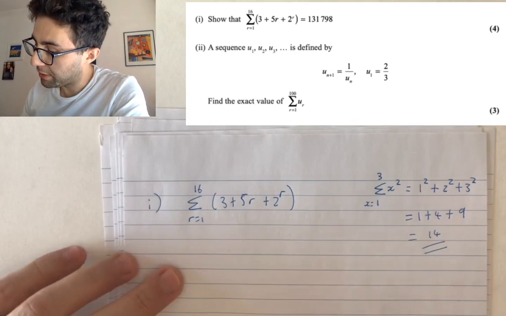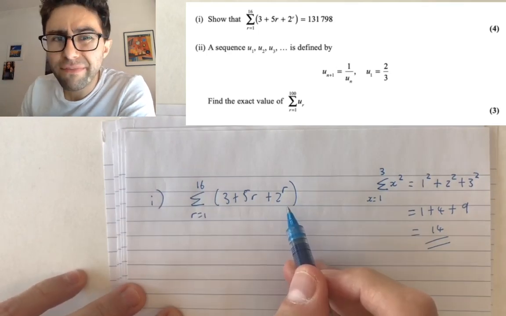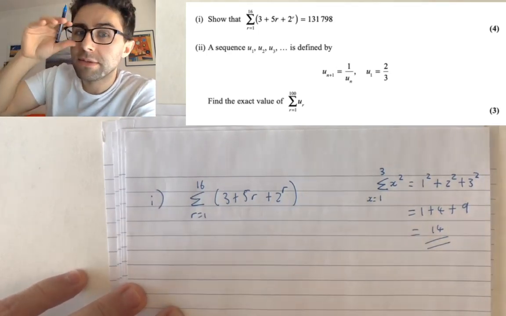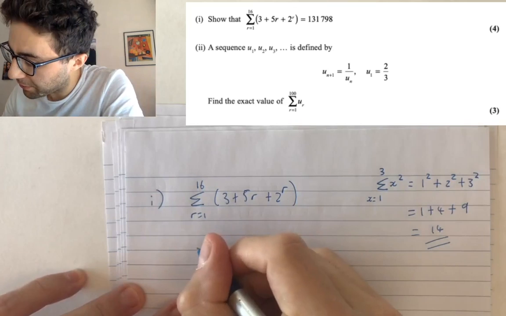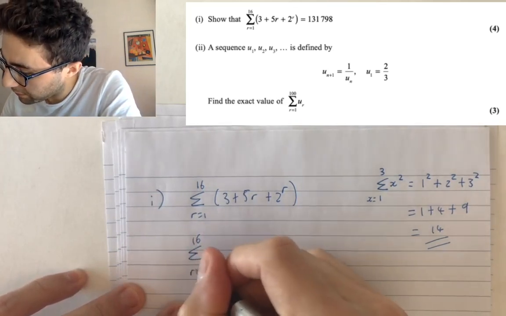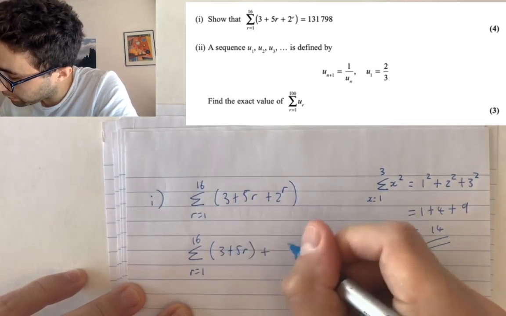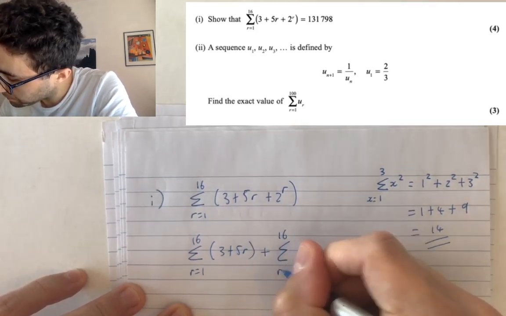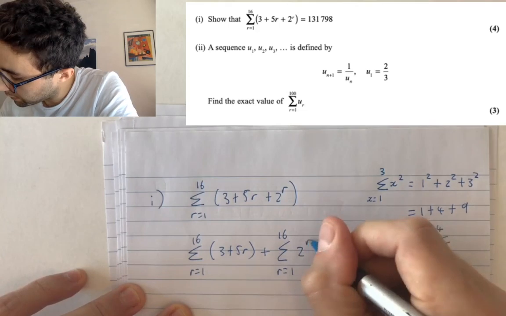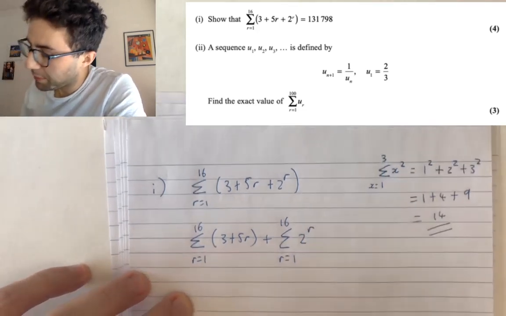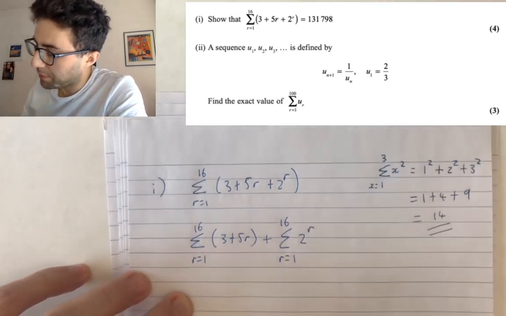First thing to notice is you need to have learned about sequences. Sigma notation and sequences often go together. Sum from r equals 1 to 16 of 3 plus 5r, plus the sum from r equals 1 to 16 of 2 to the r. Put a bracket on that as well, why not?